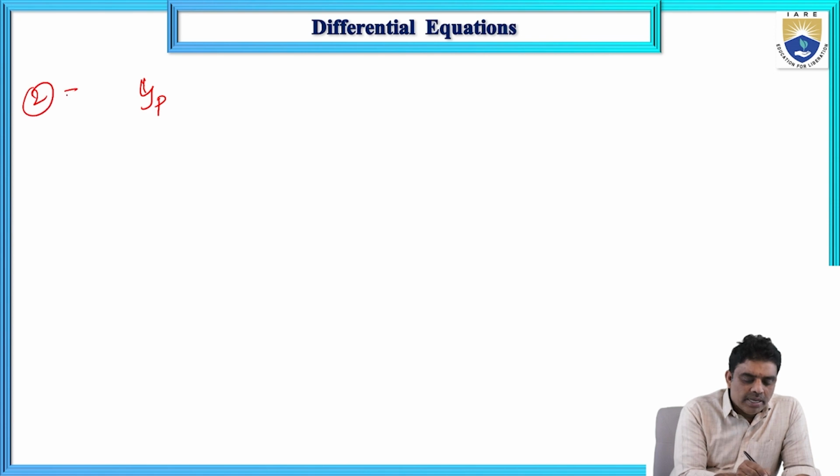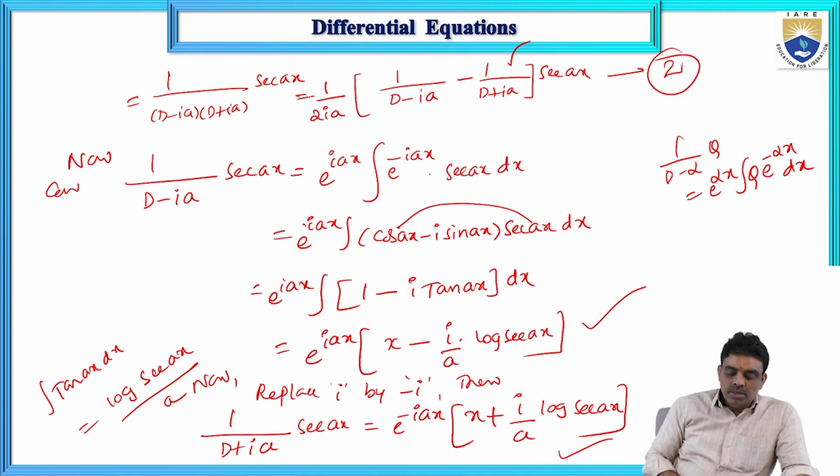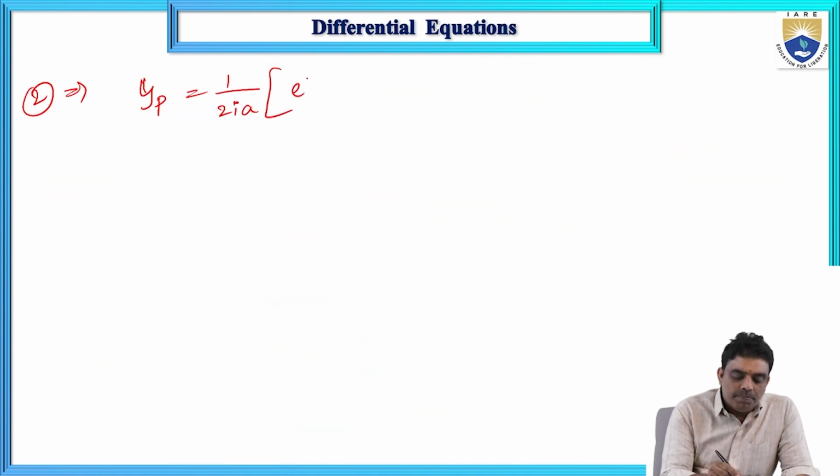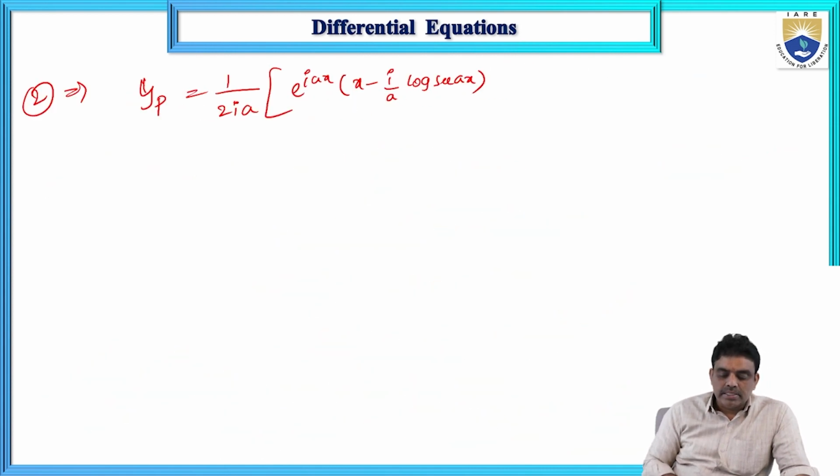yp is equal to 1 by 2ia, and what is the first term? e power iax into x minus i by a log secant ax. I hope this is right. x minus i by a log secant ax, minus e power minus iax.